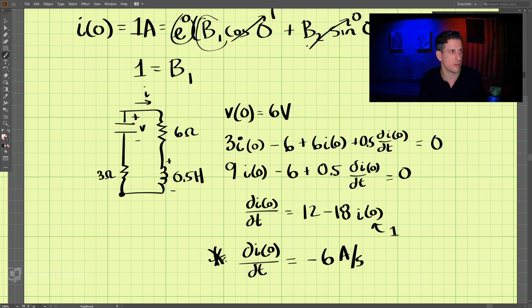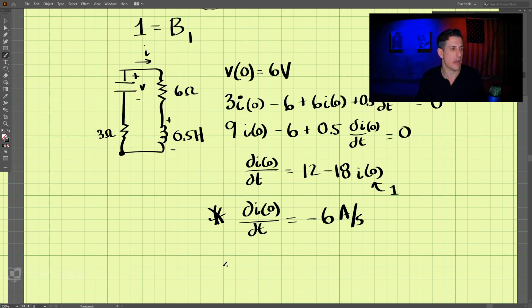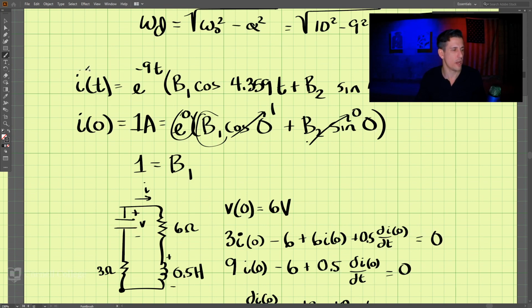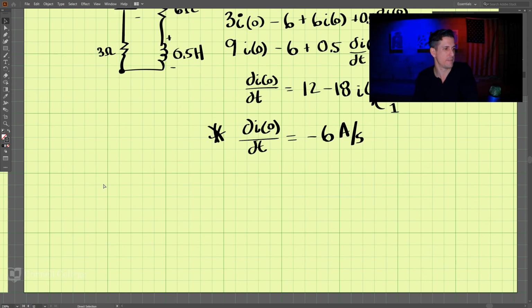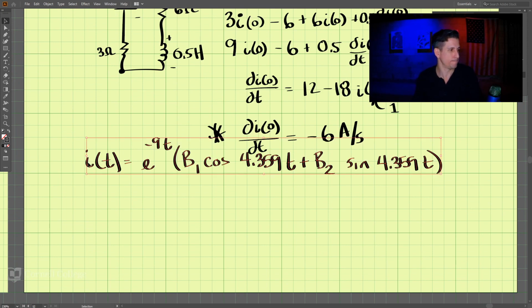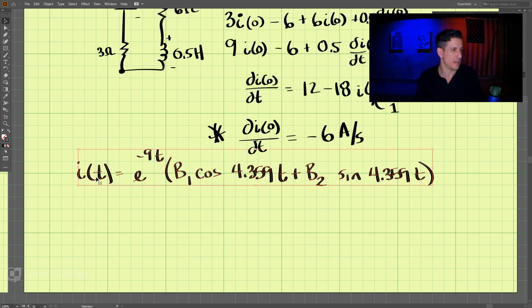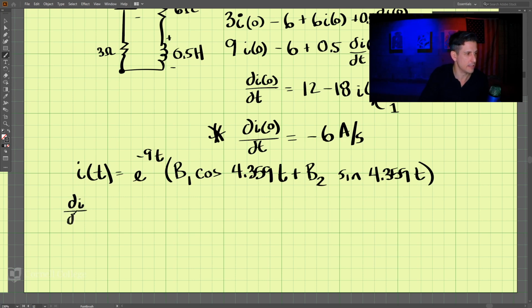Now we're going to use this here. And how we're going to use that is we're going to take this equation, and then we're going to take the derivative of this equation. So we're going to take di/dt.